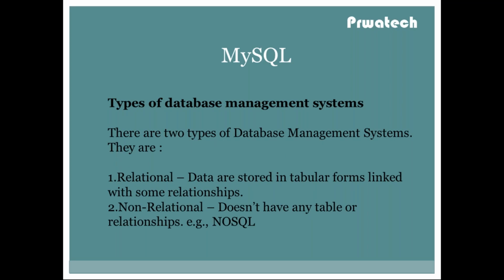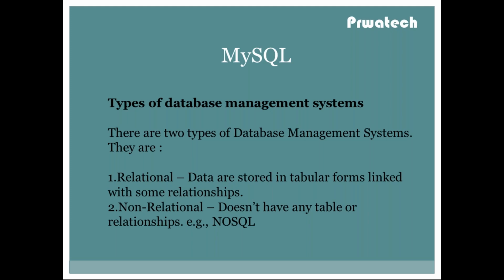Let us discuss the various types of database management systems. There are actually two types: number one, relational database management systems, and number two, non-relational database management systems. The relational database management systems are the ones in which the data is stored in tabular form, linked with some relationships with one another.